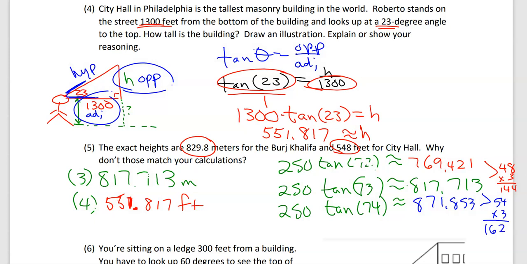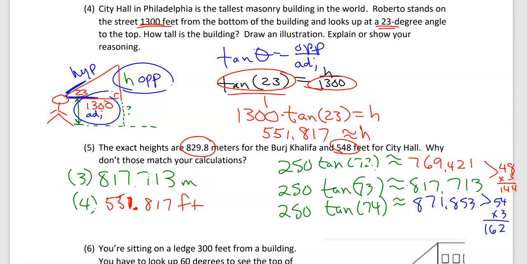A building on average is about 10 feet per story, so we're looking at about a 16-story building, and that's just a 1 degree difference. So getting the exact answers when there's such a change from just 1 degree is highly unlikely, but we are close.